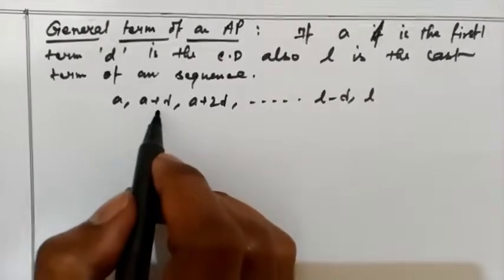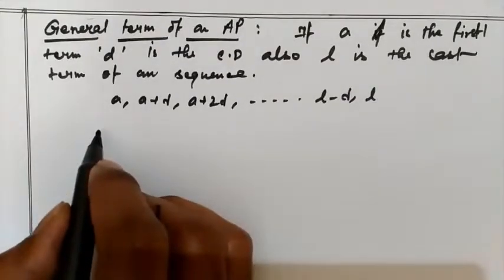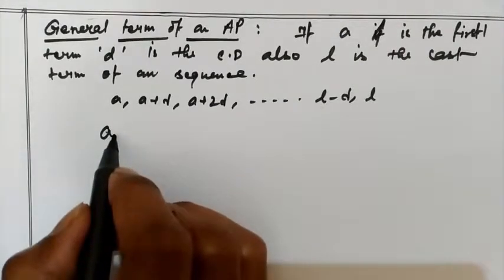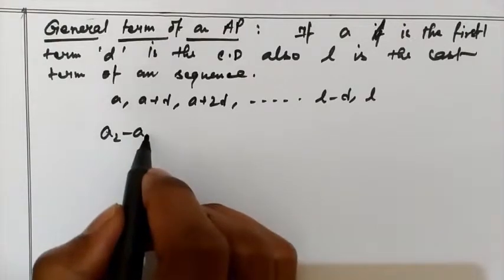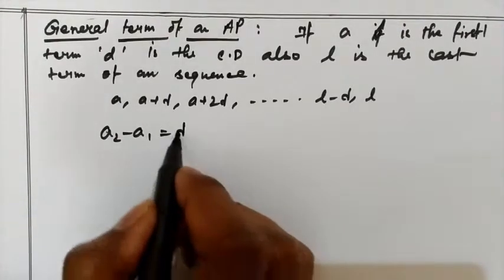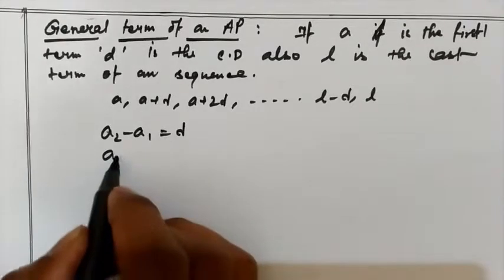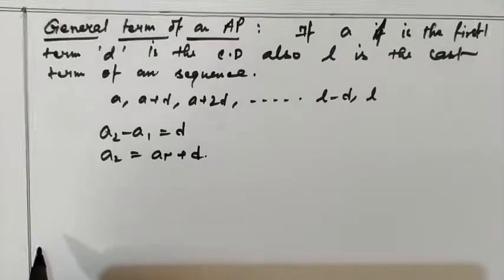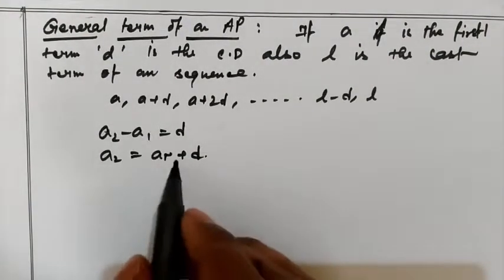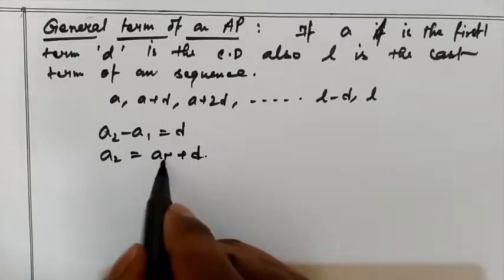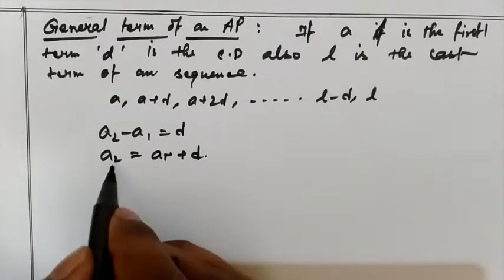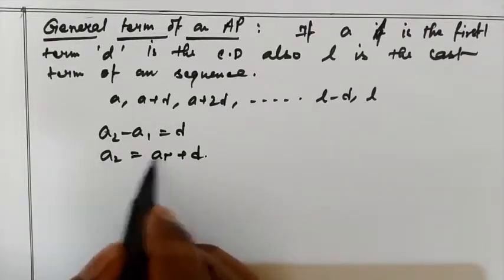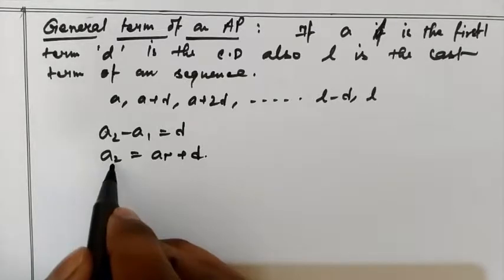So how can we write this? Actually, we know that if the common difference is D, then we can write A2 minus A1 is equal to D, that means A2 is equal to A1 plus D. So if we add the common difference to any term, then we will get the next term. In this case, we are adding the common difference to the first term, then we are getting the next term, that is A2.